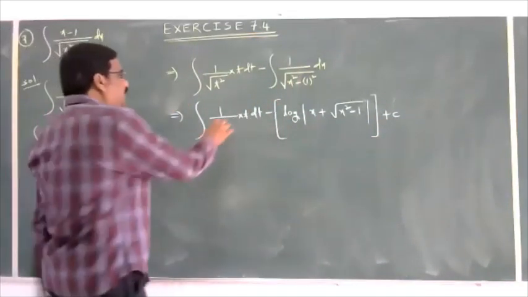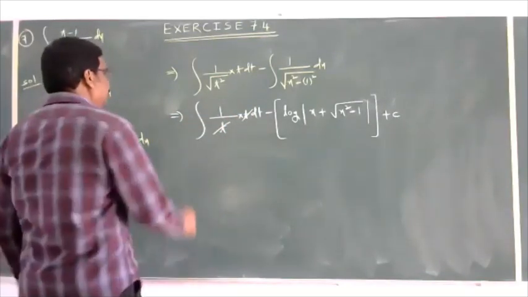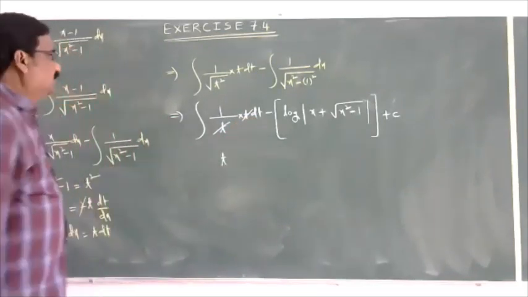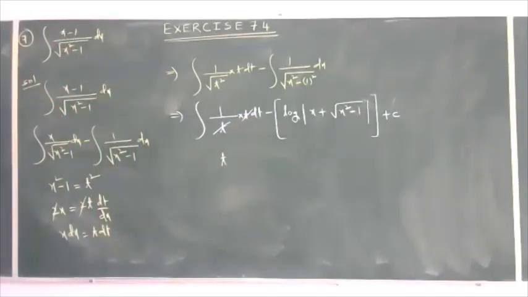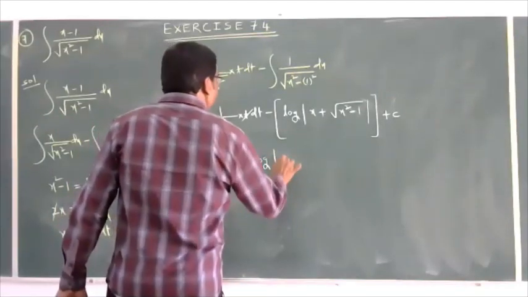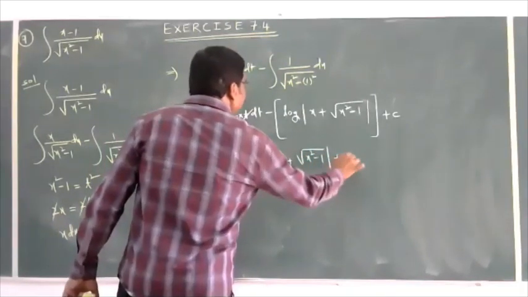Here t and t cancel. So integration of 1 is t. Here we are doing with respect to t. That's why integration of 1 is t minus log mod x plus root of x square minus 1 plus c.